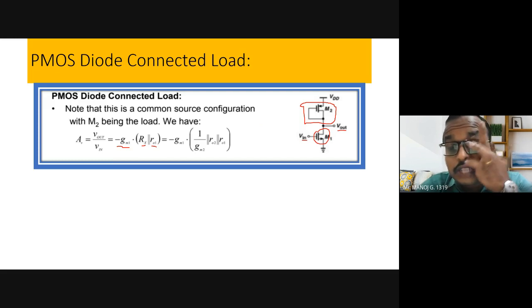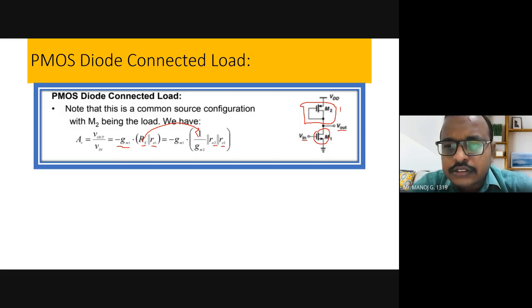So what is this Rx? Rx is given by 1 by Gm2, where Gm2 is this transistor's transconductance, in parallel with R02. R02 is the internal resistance of M2, and R01 is the internal resistance of the first transistor M1. Is that clear, all of you? So Rx is nothing but the resistance of the second transistor.